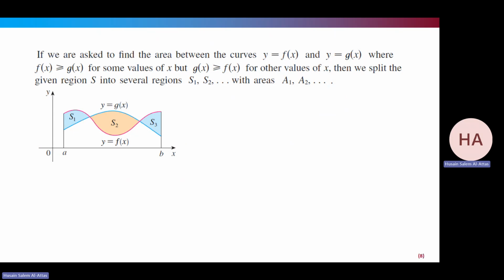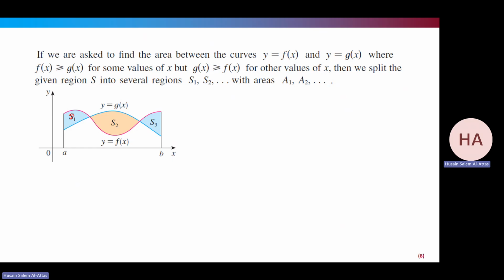In this portion of the graph, G is above F. F is the red one, and G is the blue one. So in this one, F will be above G, in this one G is above F, and then I have F above G.